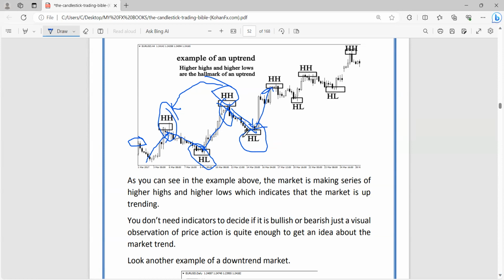So this is referred to as a higher low because it's higher than the previous low, which is this one here. Then this also makes sense that this is going to be called a higher low because it's higher than this previous low.